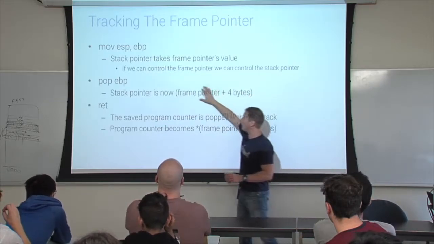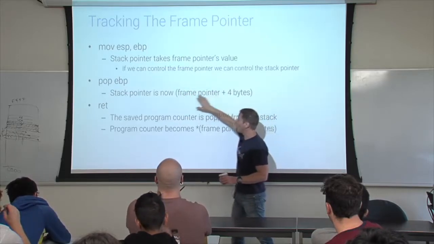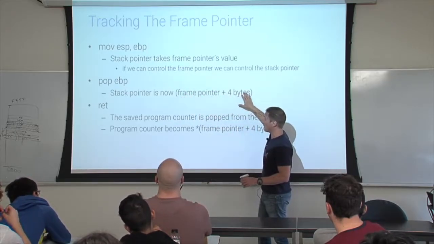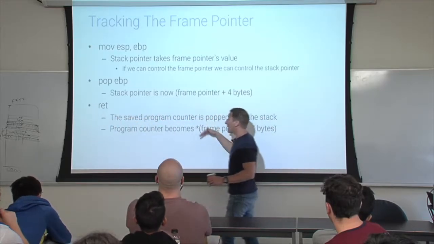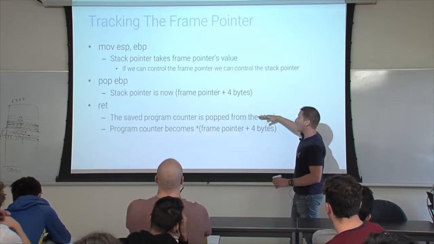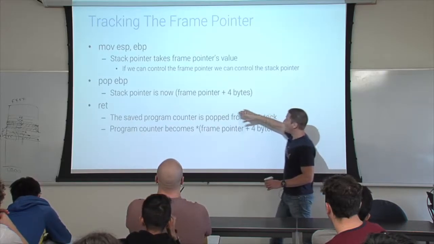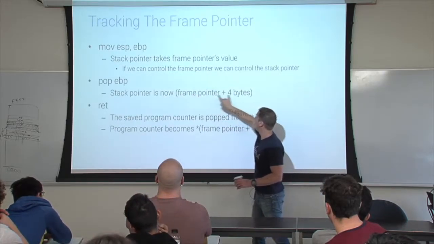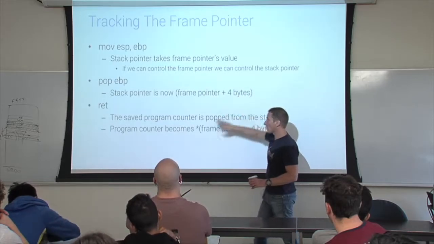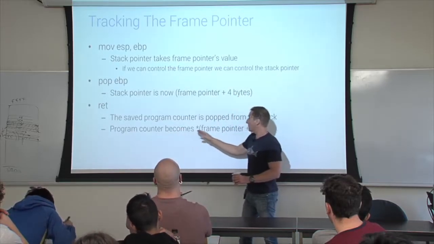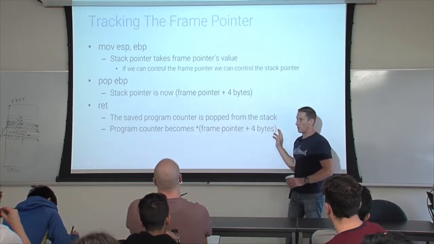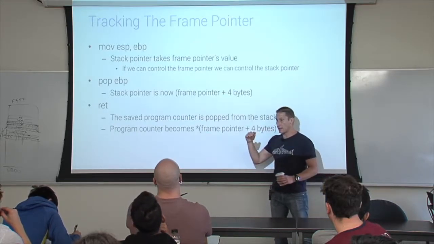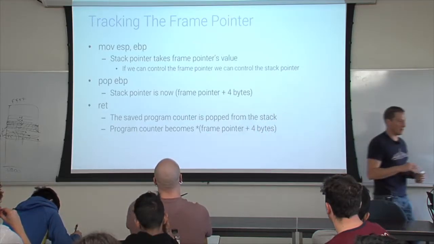If we could control the frame pointer, now we know that the stack is frame pointer plus 4. And when you do ret, what happens is that we will jump at the value that is popped from the stack on something that we control plus 4 bytes. So the program counter becomes the content of the frame pointer plus the 4 bytes. Right? Because that's where you have just popped the EBP.